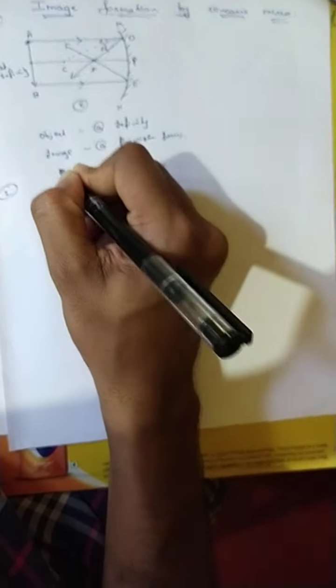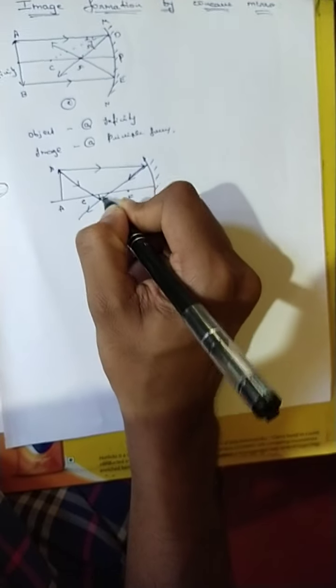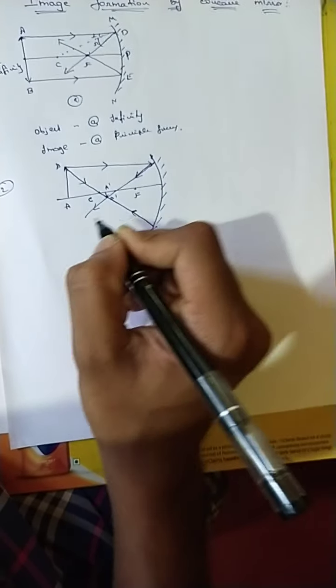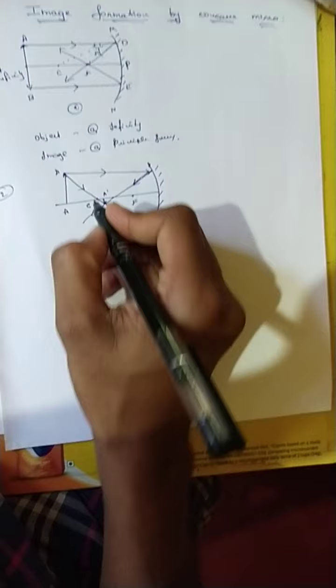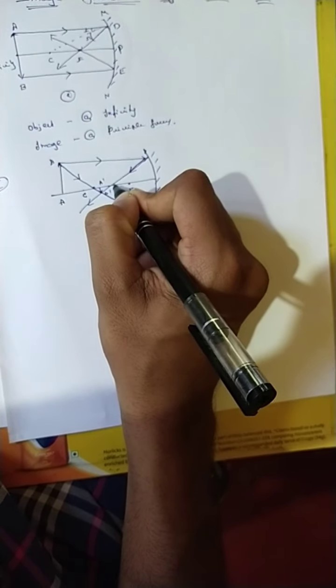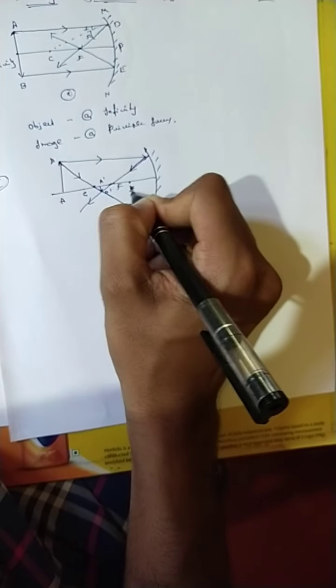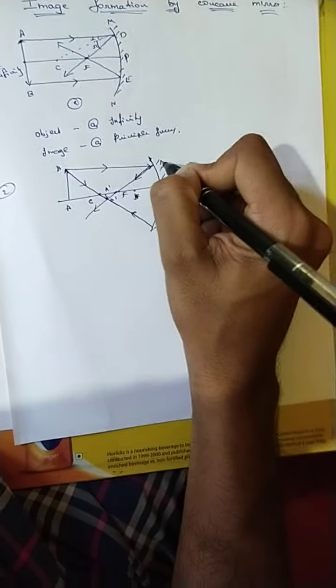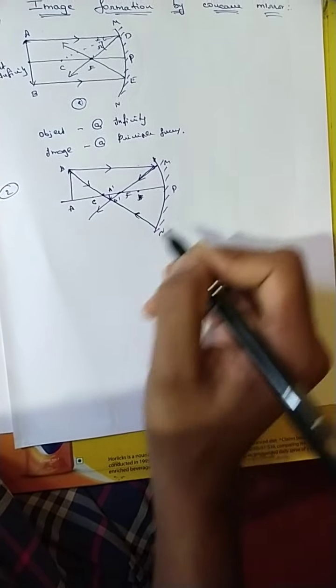The object distance is AB and the image distance is A dash B dash, right. So this is the center of curvature point, this point is the principal focus, and MN is the pole point.